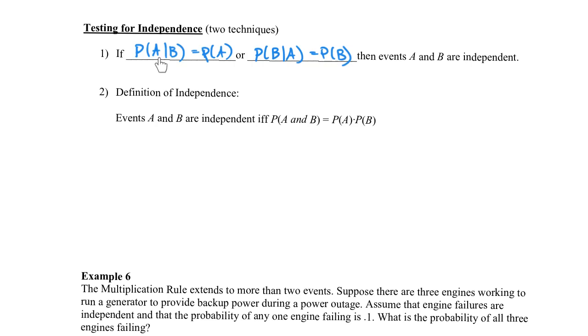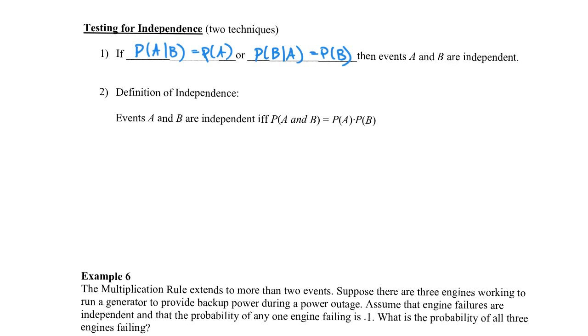You can see it here. The probability of A given B is just the probability of A. The fact that B happened didn't change the probability of A. And same thing here. The probability of B given that A happened is just the probability of B. So the fact that A happened had no bearing on the probability of B happening. So if either of these is true, then we can say A and B are independent.